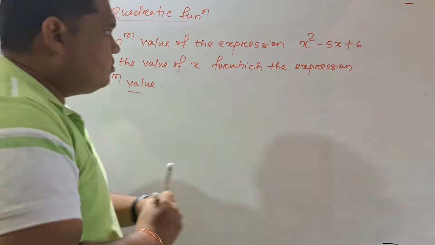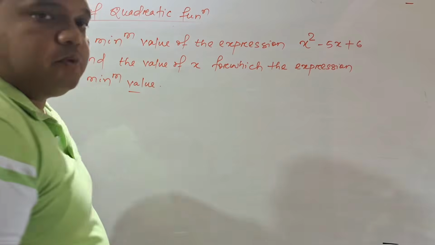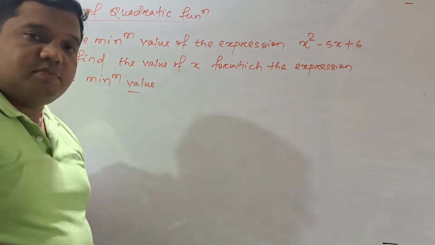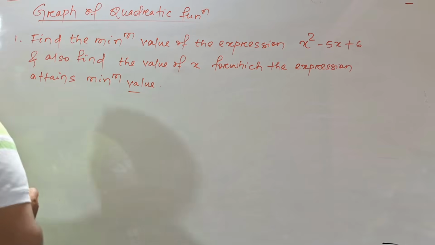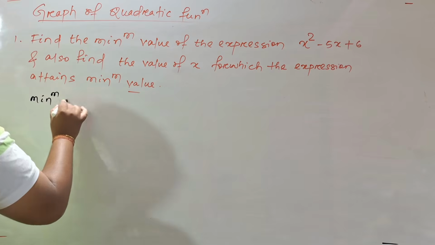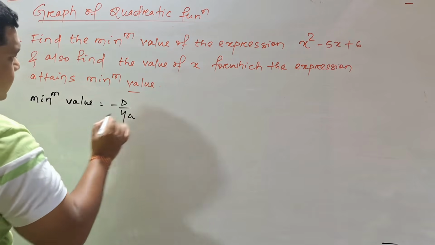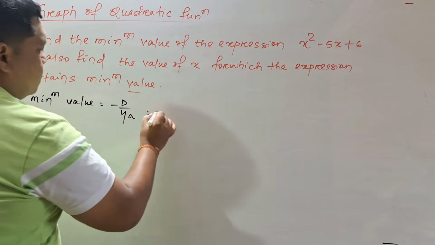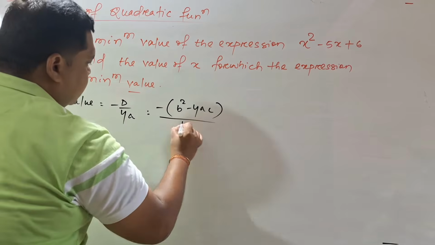Why minimum value? Because the coefficient of x square is a, and here a is positive. A positive means a greater than 0, which means you will get minima. So first of all, I am going to find the minimum value. The formula is minus D by 4a, already discussed, and D means b square minus 4ac, divided by 4a.